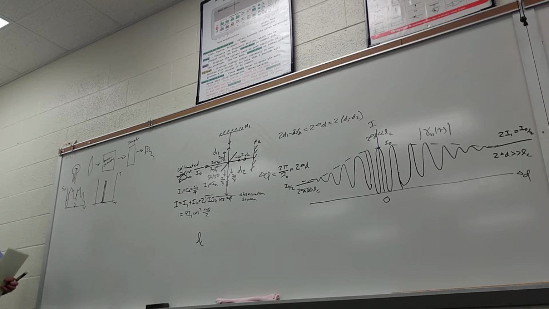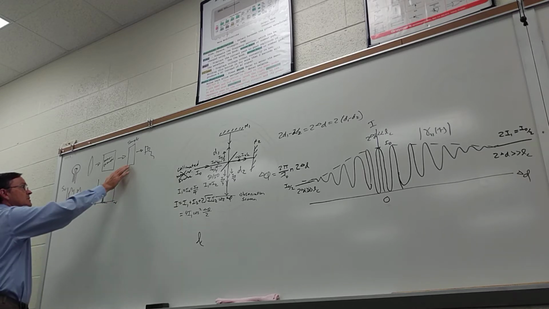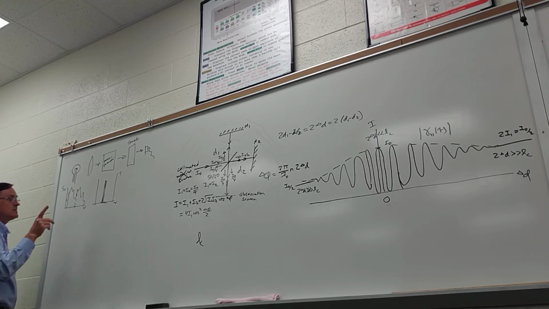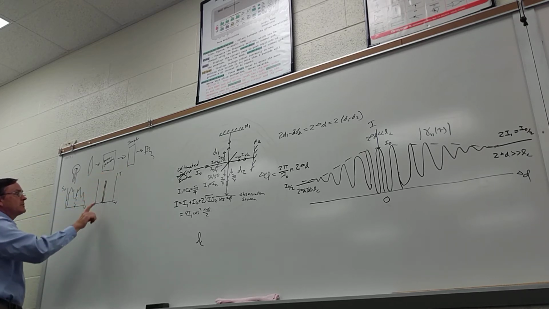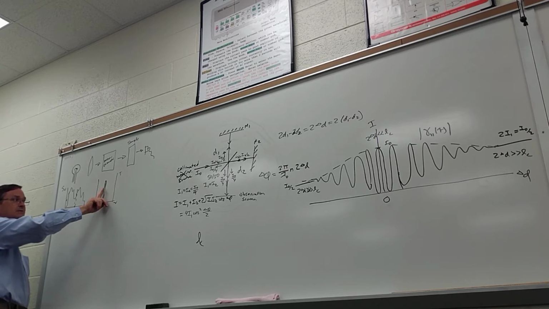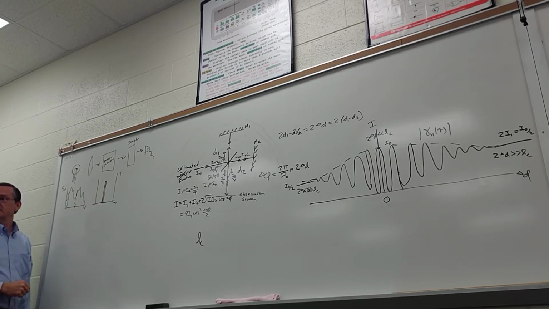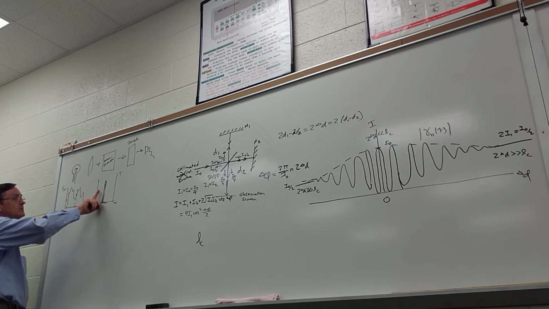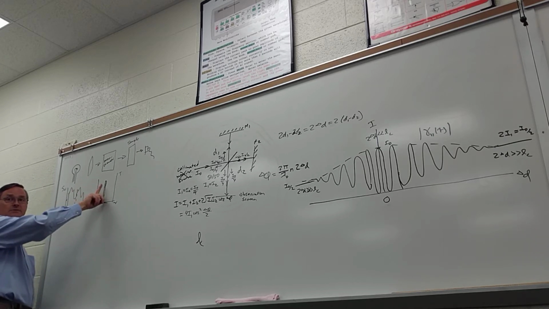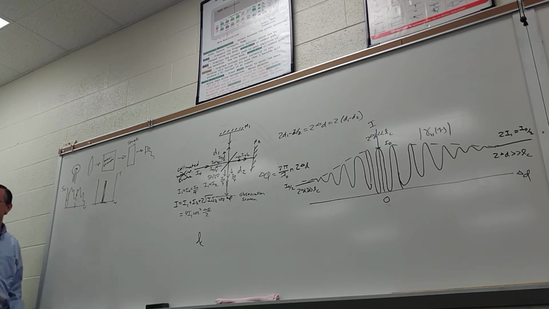Now to get the full absorption spectrum of the sample, we need to take the monochromator's narrow bandpass filter and scan it in wavelength. So we start over here, make a measurement for wavelength λ1, shift it over a bit, make a measurement for λ2, shift it over a bit, λ3, etc.